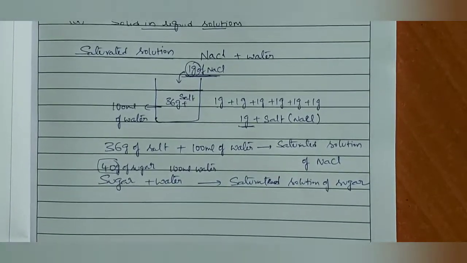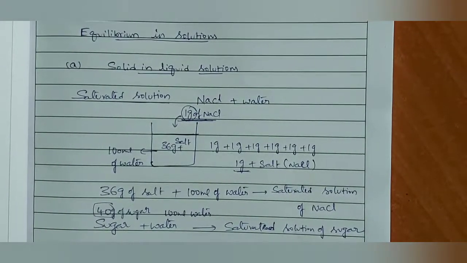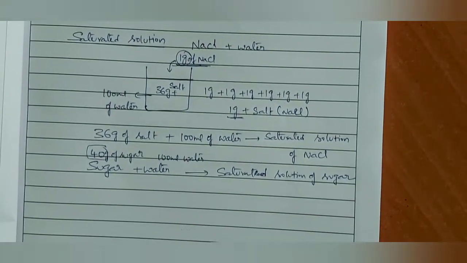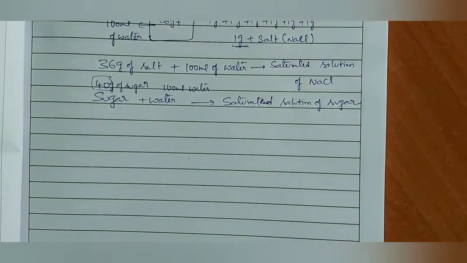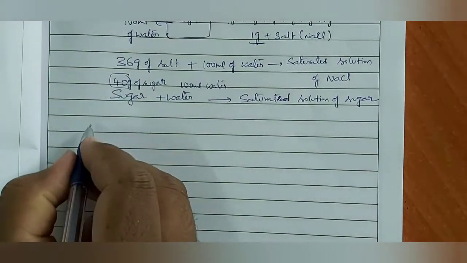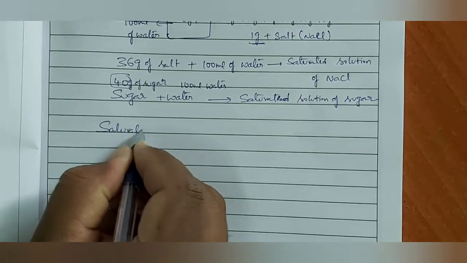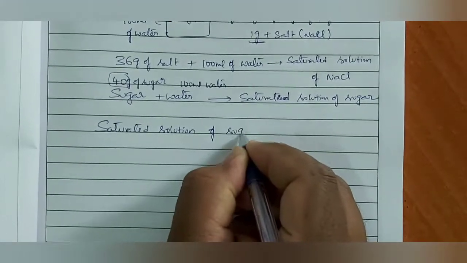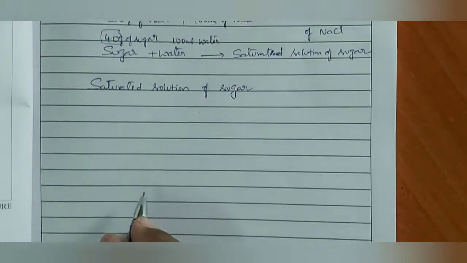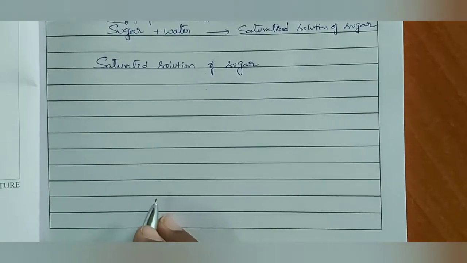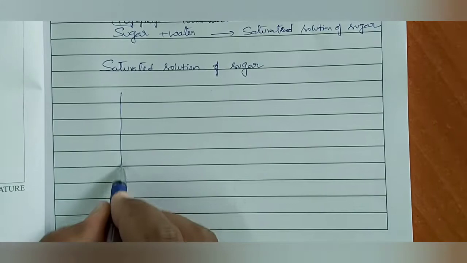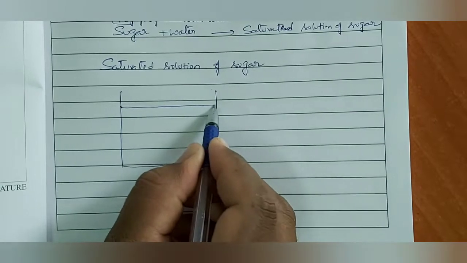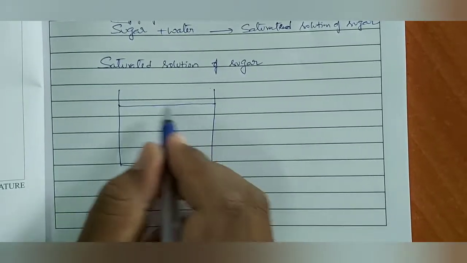Our topic heading is equilibrium in solutions. In that, A, solid in liquid solutions we are going to see. Now I am going to take our topic and explain it. Let us consider a saturated solution of sugar. I have taken a saturated solution of sugar, which means in one beaker I have taken 100 ml of water, and to the water, the maximum of 40 grams of sugar is added.